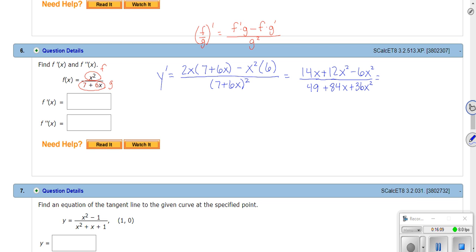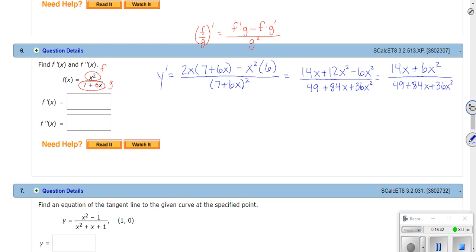If I foil that out, I don't know if we're supposed to foil that out or not, but the top though, I can combine my 2x squared terms. So I've got 14x plus 6x squared over 49 plus 84x plus 36x squared.